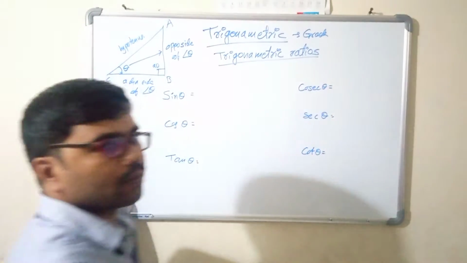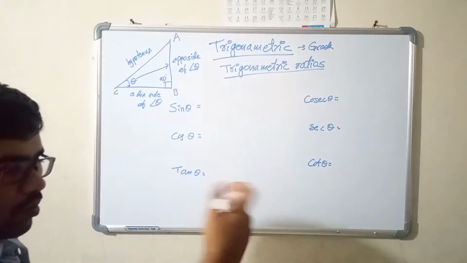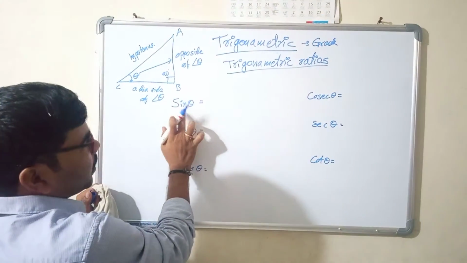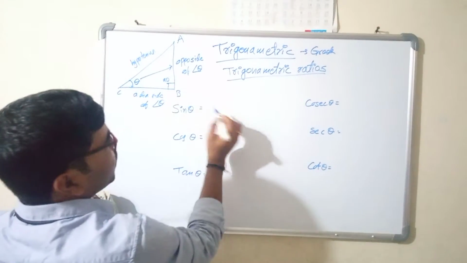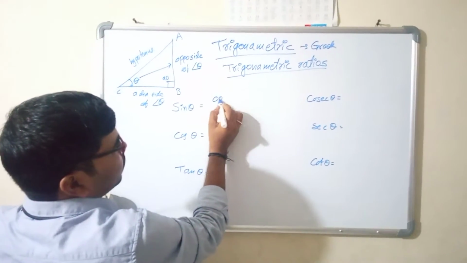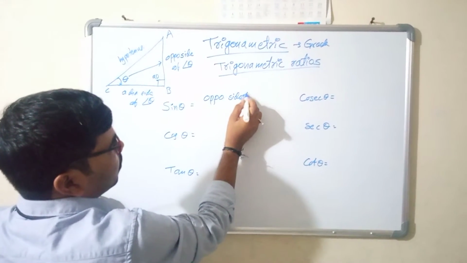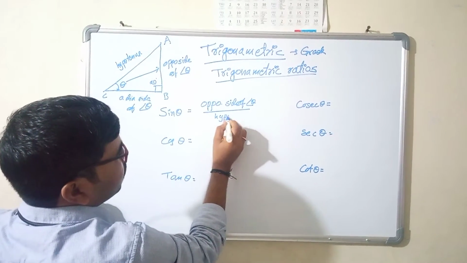These are all the trigonometric ratios. A ratio means it has a numerator and a denominator. Next, see, this is the ratio of the opposite side by the hypotenuse of the right angle triangle. This is the ratio of the opposite side of angle theta by the hypotenuse side.